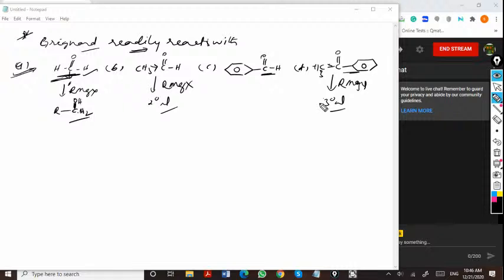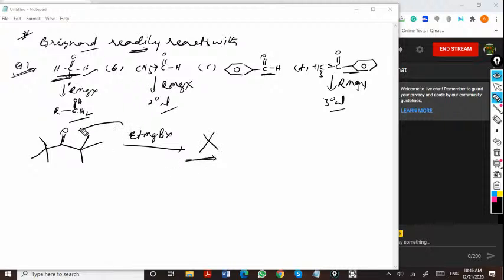So there are some exceptions for the Grignard. For example, if you consider a starting material like this, which is bulky and more substituted, and I treat it with ethyl magnesium bromide, there won't be any reaction. Remember this.